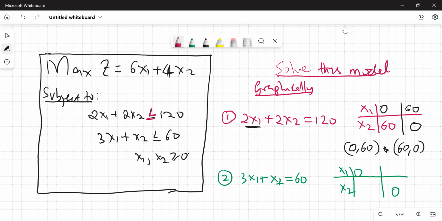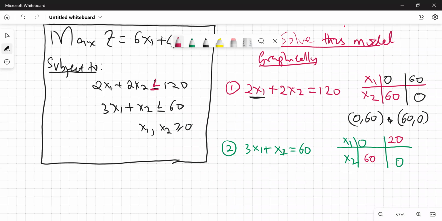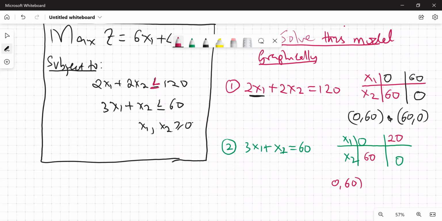When I put x1 to 0, what will be the value of x2? 60. So it passes through 60. Then when I put x2 to 0, what happens to x1? 20. So we have the points 0, 60 and 20, 0.